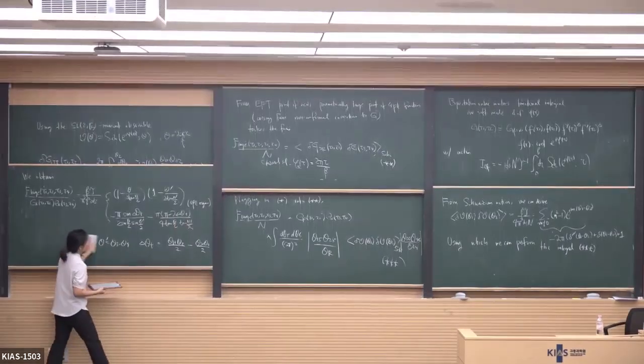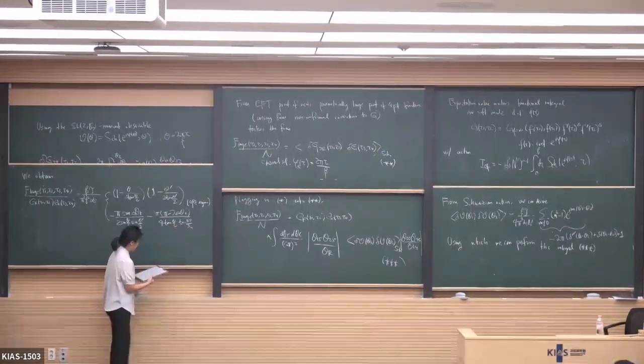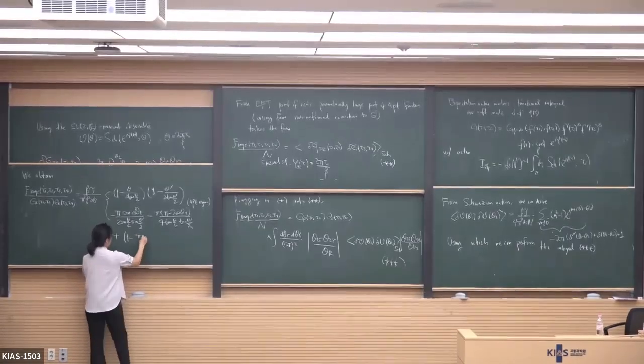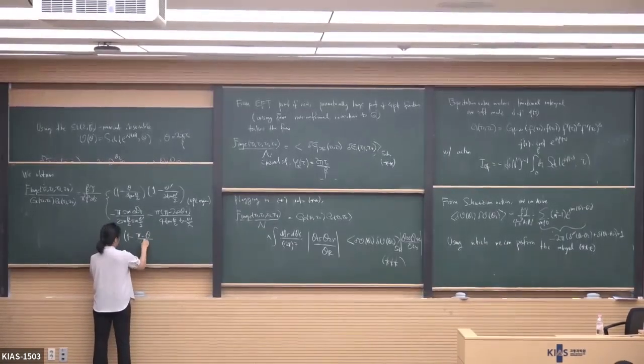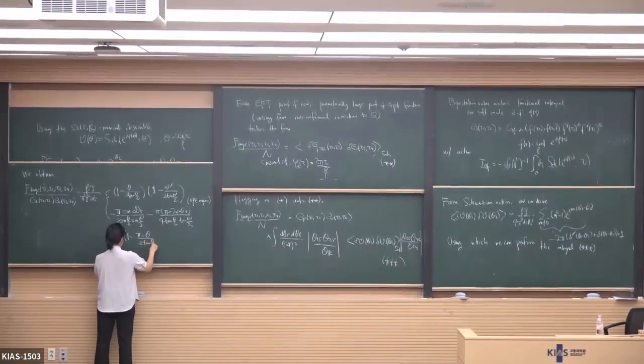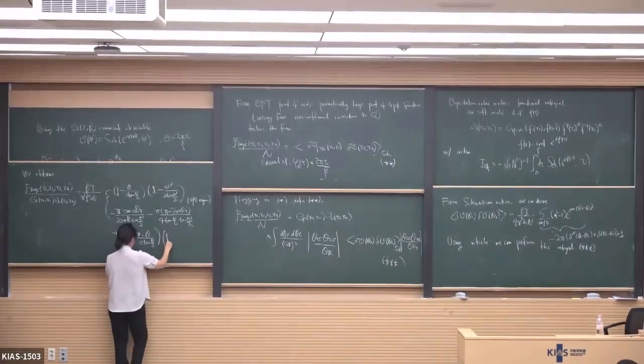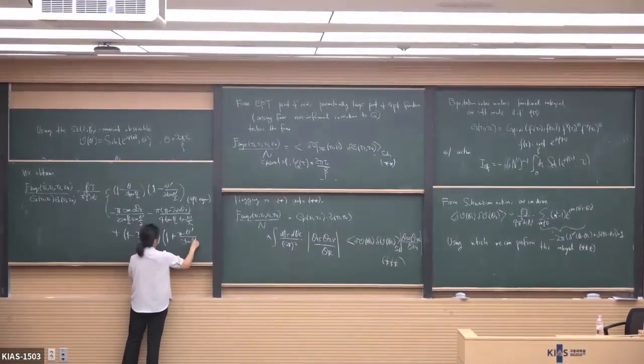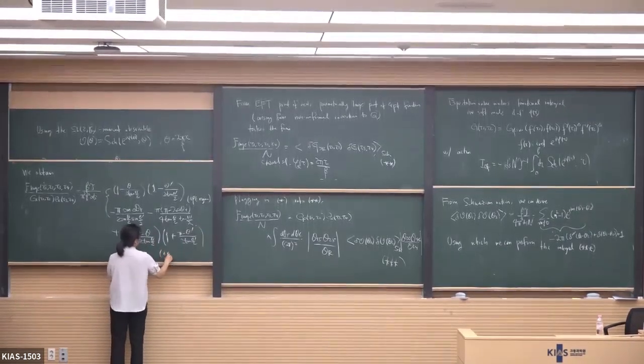Oops. Then plus 1 minus pi minus theta, 1 plus. This is the OTO region.